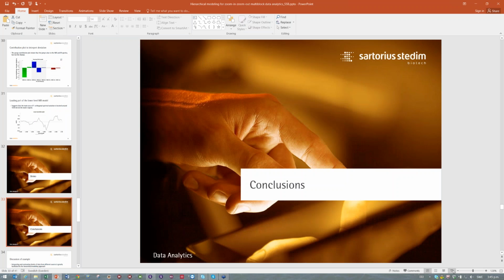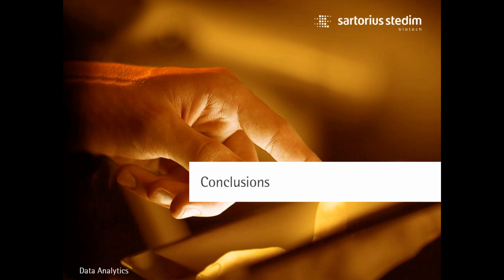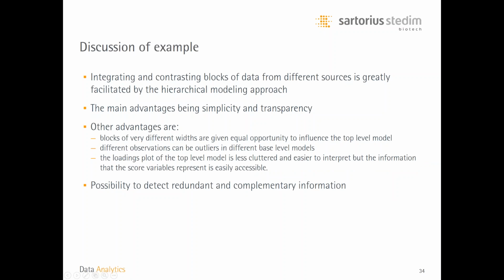So going back to the SIMCA software for a couple of rounding off slides, we can say that this example shows that it is possible to compare data from different sources in a very neat way, and very interestingly so also because one block is much wider than the others.